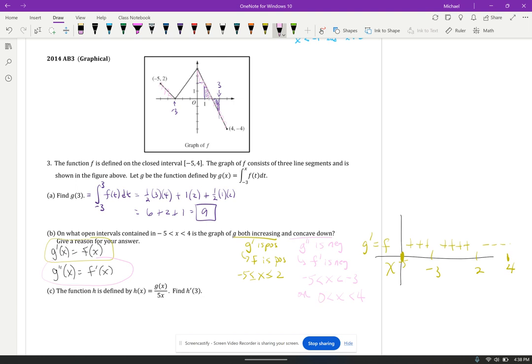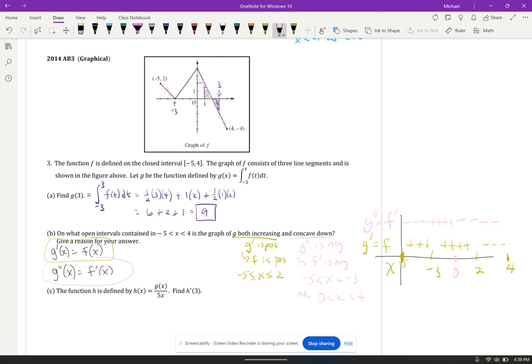That means that I come back over here and I say g double prime, which is f single prime, is positive between negative 3 and 0, because that's where the slopes are positive. And then it is negative between 0 all the way to 4.